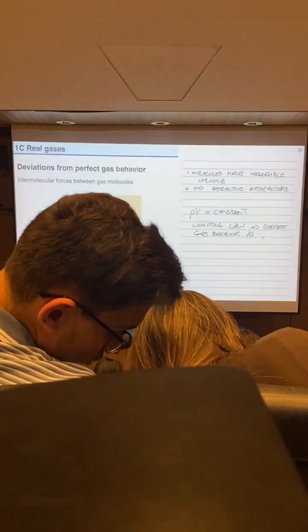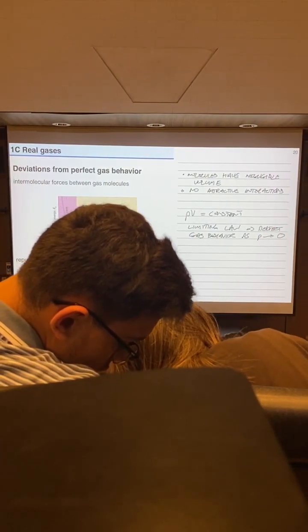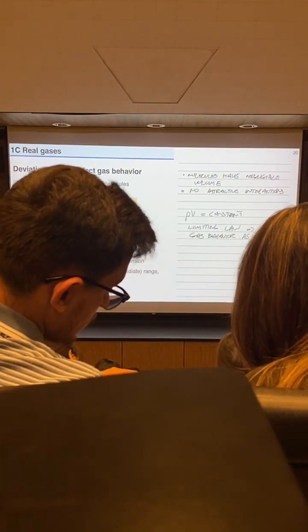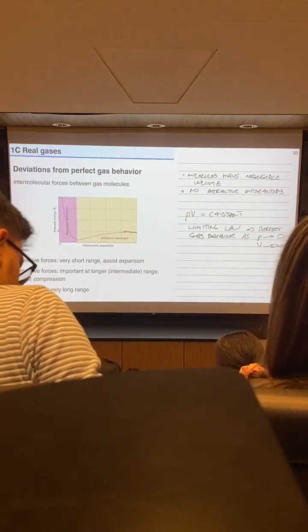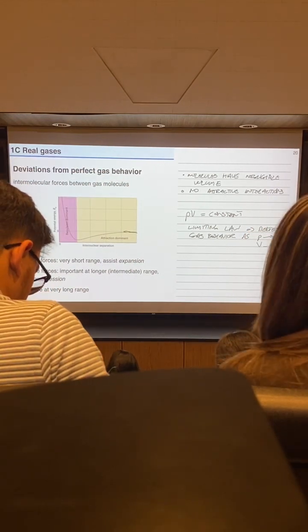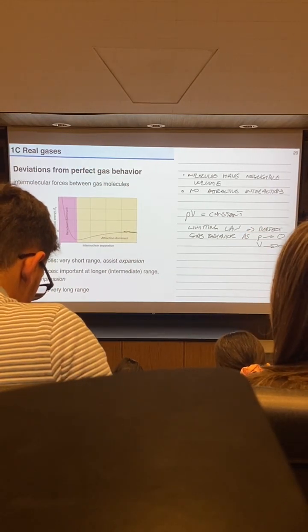So the limiting behavior is the perfect gas behavior, which happens as the pressure goes towards zero, which is equivalent to saying as the volume goes towards infinity. So the lower the pressure is, the further apart the molecules are going to be on average.